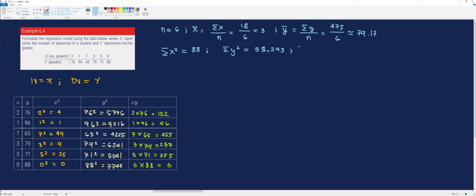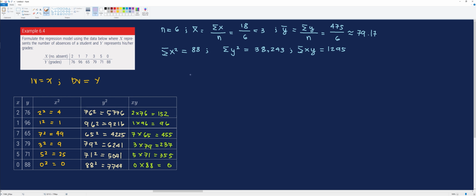And finally, let's compute the summation of x times y, which is equal to 152 plus 96 plus 455 plus 237 plus 355 plus 0, which is equal to 1,295.